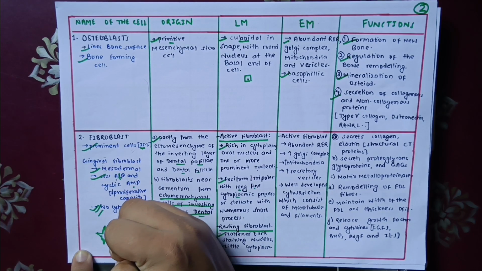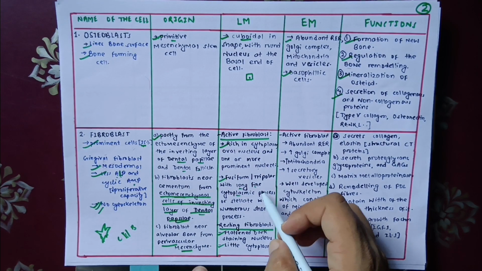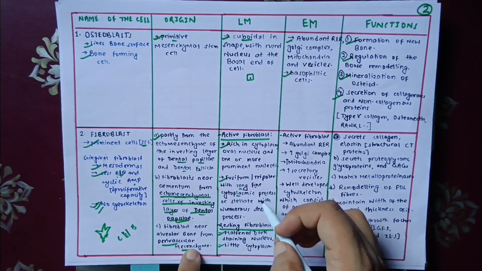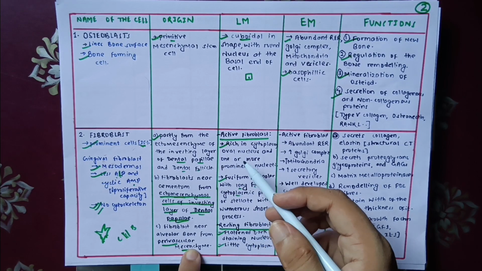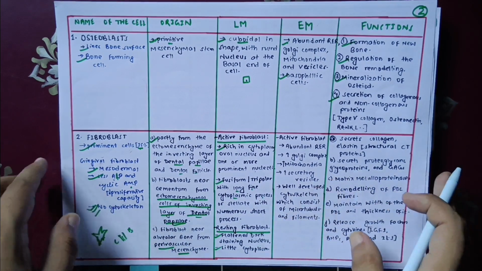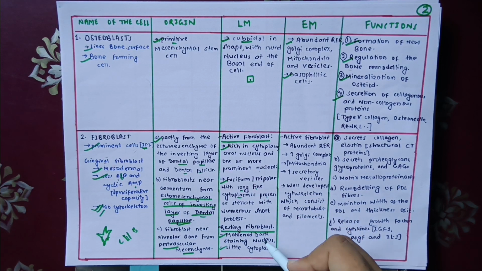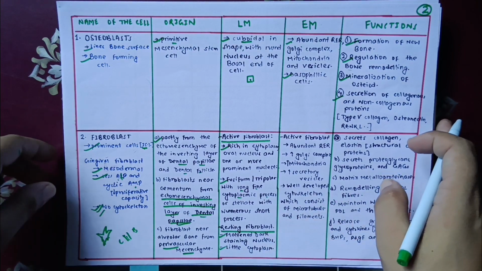This is a cytoplasmic process. So that is present in this fibroblast. The resting fibroblast is just the opposite of the active fibroblast. There is less cytoplasm, and a dark staining nucleus is present there.